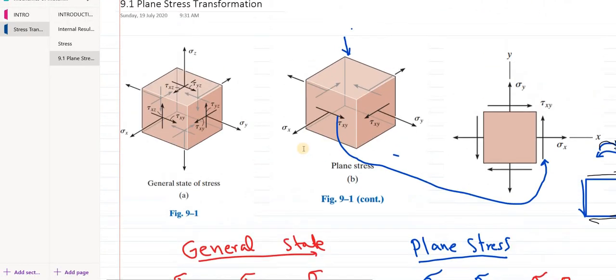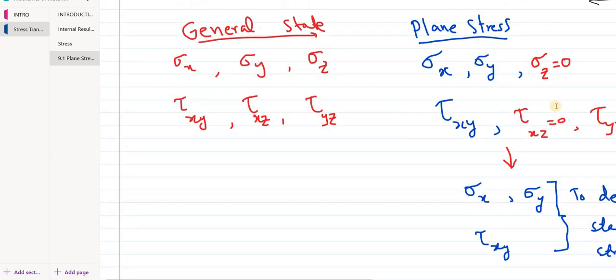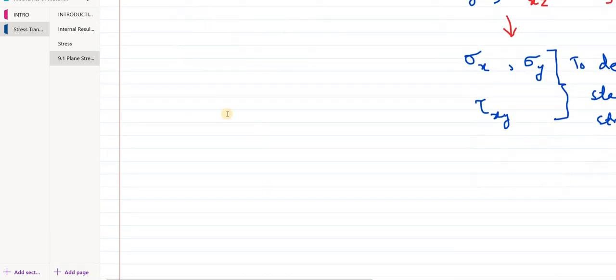So now with the introduction to plane stress, we are ready to discuss the transformation of plane stress. Before we discuss transformation of stress, let me give you an example of transformation. For example, if I have a vector, this vector, and I ask you to find the components of this vector, maybe rectangular components.